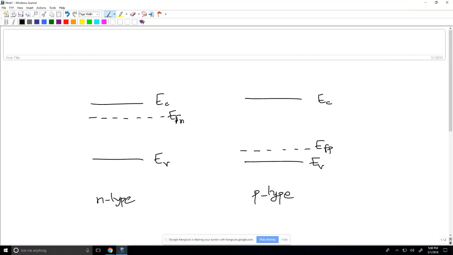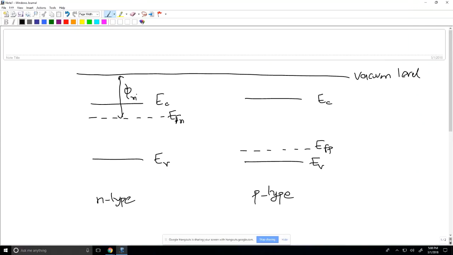One property that actually changes is something called the work function. So usually we have a vacuum level. I drew the vacuum level earlier in the case of a metal. And from the Fermi level to the vacuum level is called the work function. So I have here the work function for my N-type semiconductor.